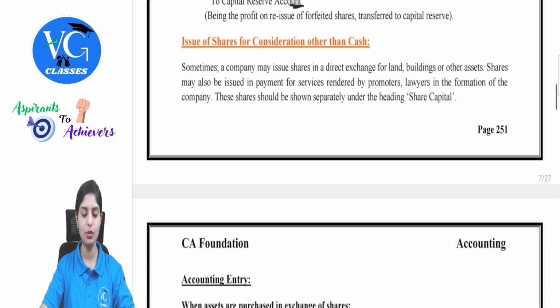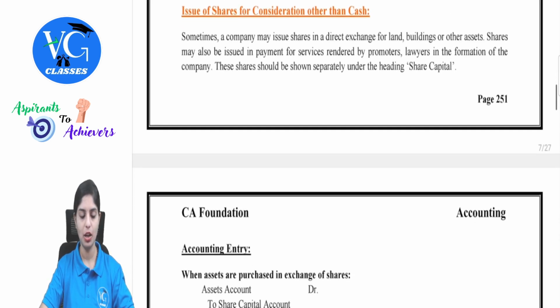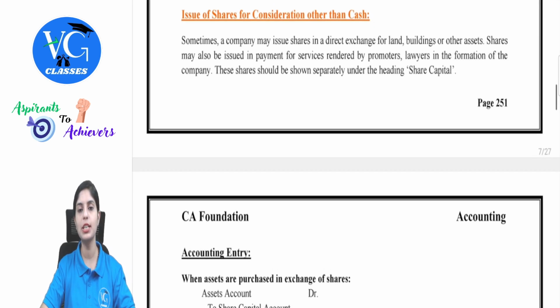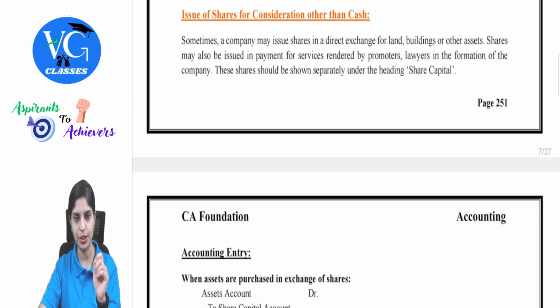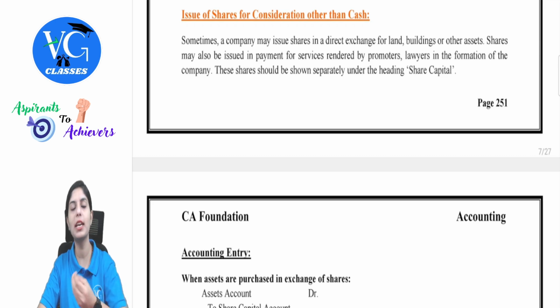All these, whatever we understood, was issue of shares for cash. Another simple concept: issue of shares for consideration other than cash. That is, you're issuing shares but not with an expectation to receive cash. You're making purchase of a particular asset, so with respect to making the payment, rather than using cash, you're issuing company shares.